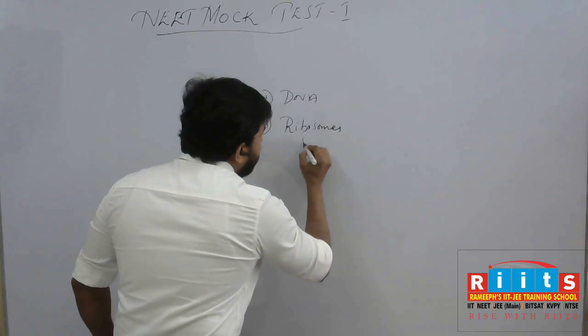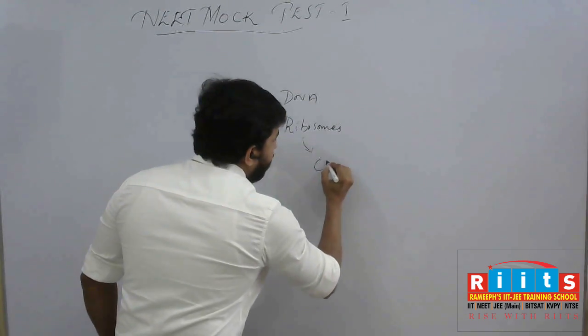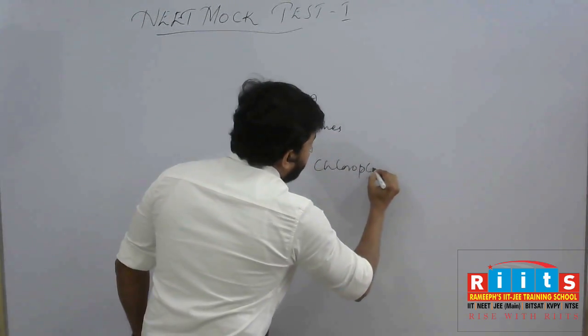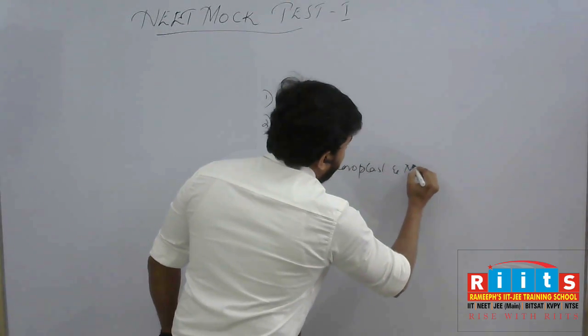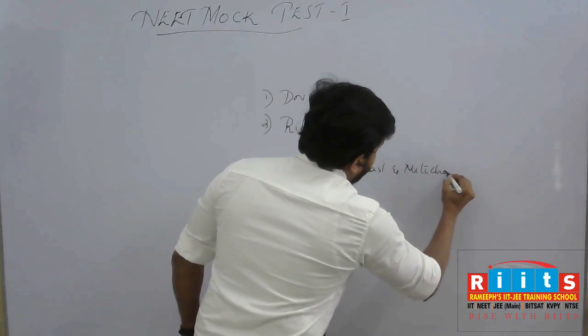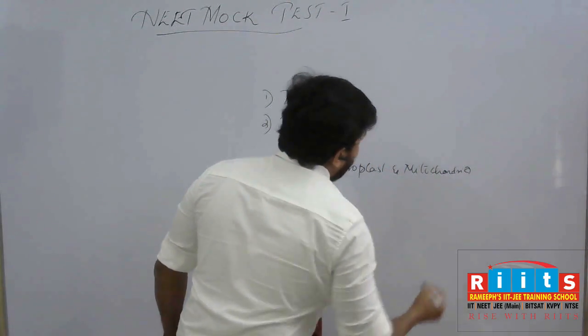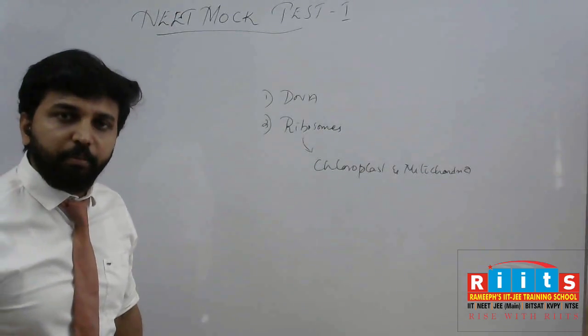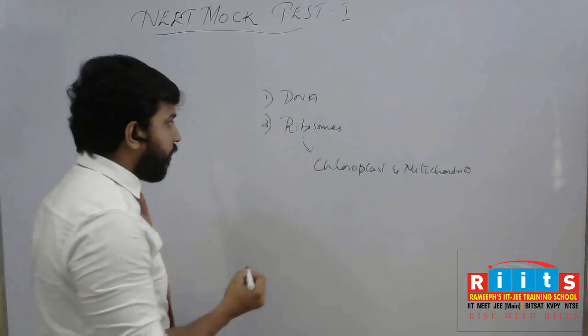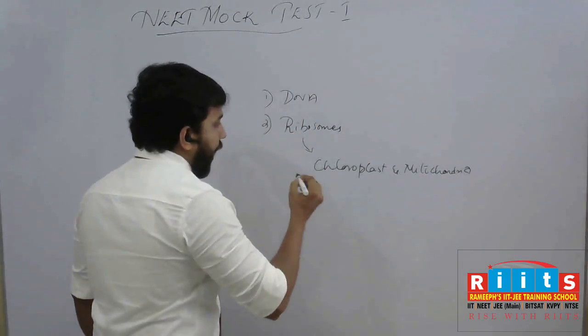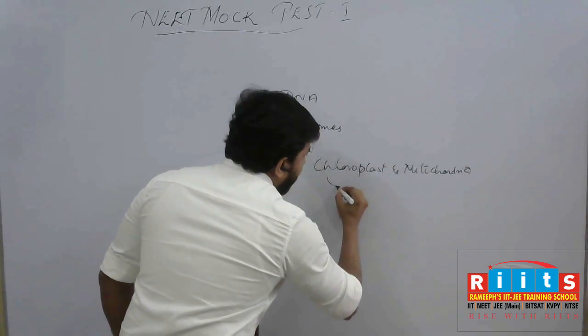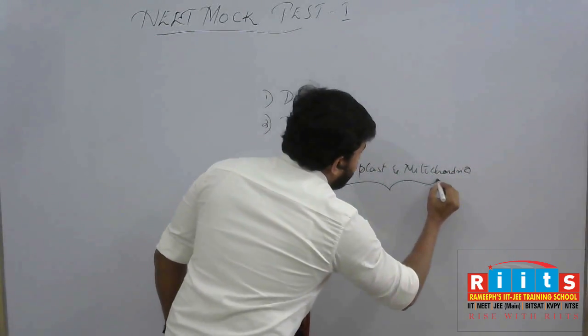And the two cell organelles are chloroplast and mitochondria. Clear?